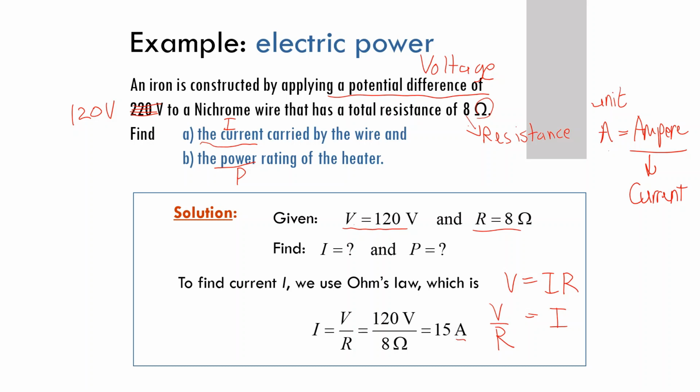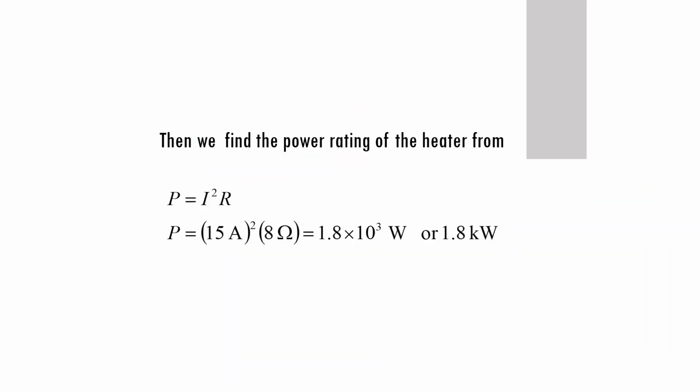So now let's move on to part B, which is the power. Okay, to find the power, we know that P equals IV, and also equals V squared divided by R, and also I squared R. So you can use any of these and it will give you the same answer.